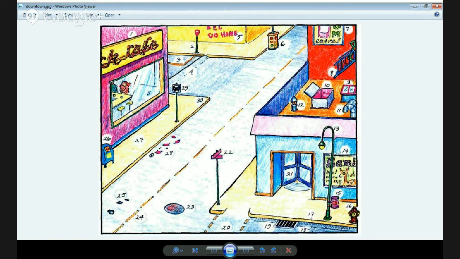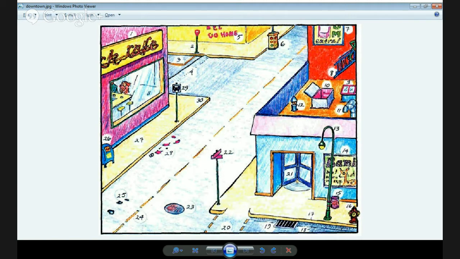On the ledge. Okay, right on the ledge. On the ledge is correct. That's it. There's a ventilation shaft right on the ledge. And that's number 11.